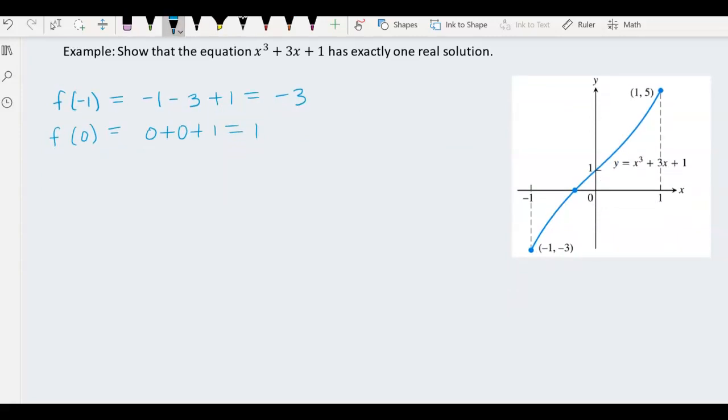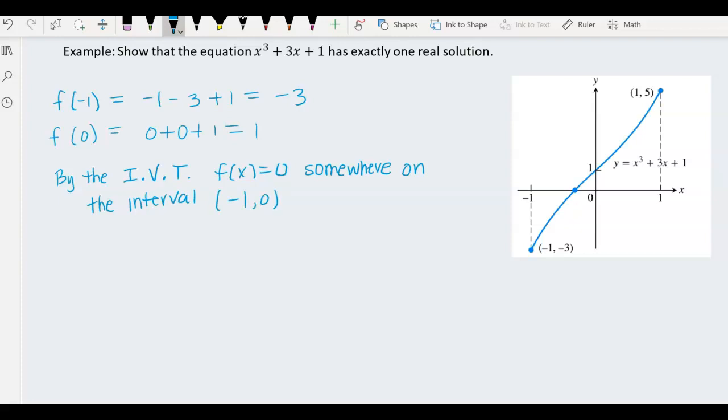So by the intermediate value theorem, we know that f of x equals 0 somewhere on the interval -1 to 0. Those are the two x values that we chose.